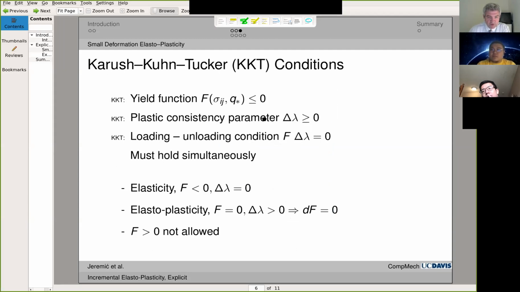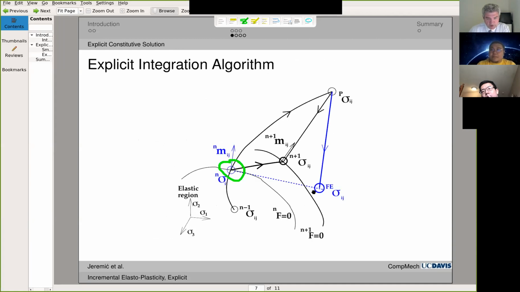So we go back a few steps and we use this condition here that says that dF is always equal to 0. We go through a little differential geometry and we are able to find this point right here. This is the explicit forward Euler solution of the state of stress. You note that this state of stress is outside the yield surface. It is on a tangent plane that goes through this cross point, and that is fine.